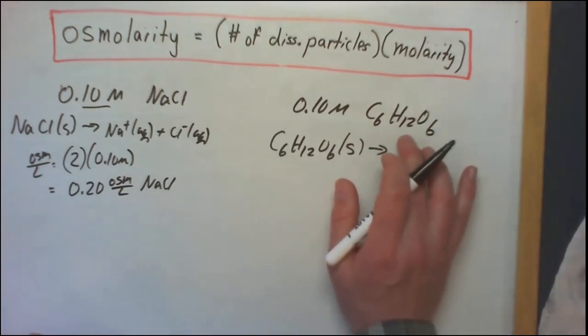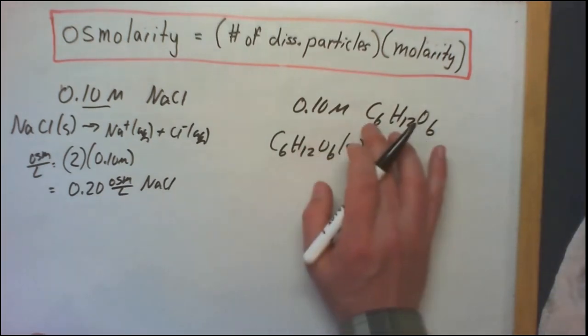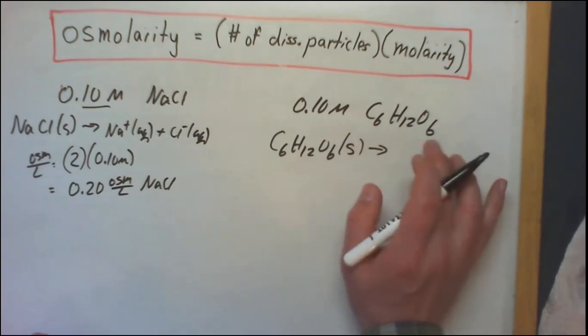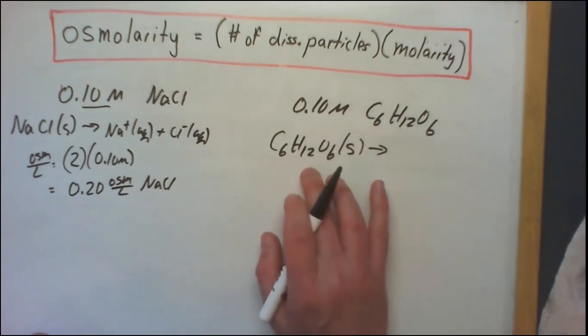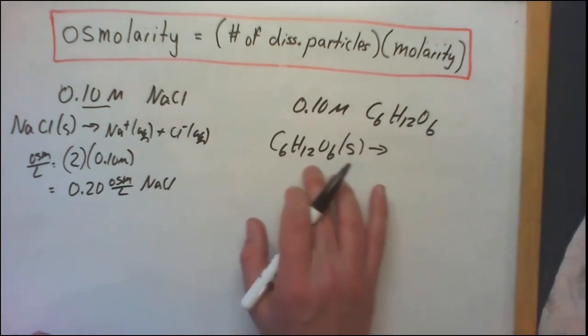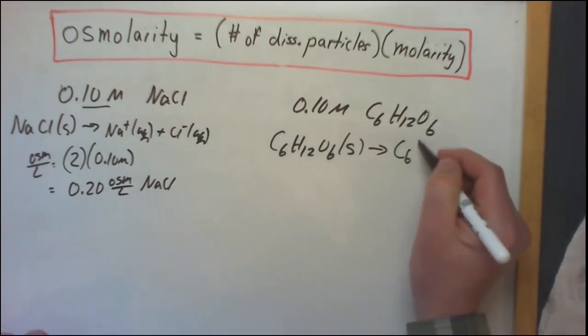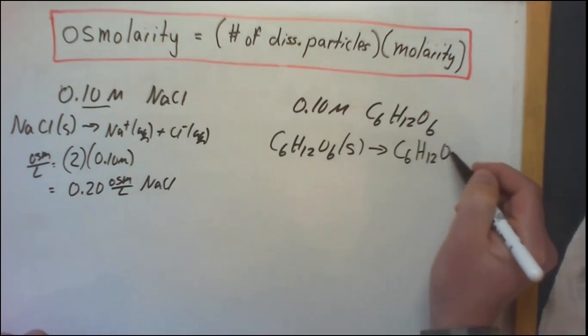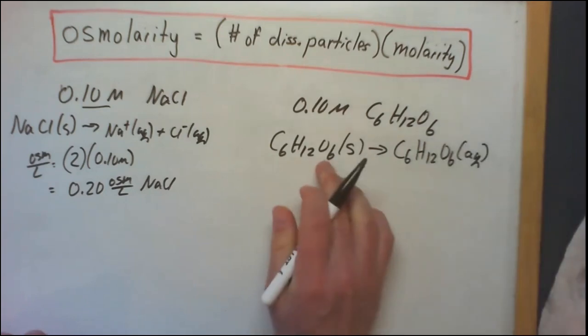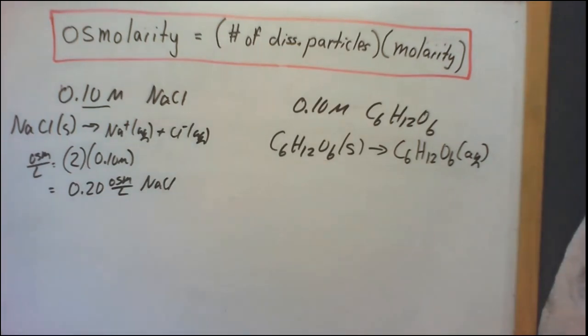For 0.1 molar C6H12O6, notice it's a molecular compound composed of all nonmetals. So as a result, molecular compounds, when they dissolve, 1 mole of any molecular compound when it dissolves produces the same number, 1 mole of dissolved particles. Because the molecules themselves remain intact, they just separate from each other.